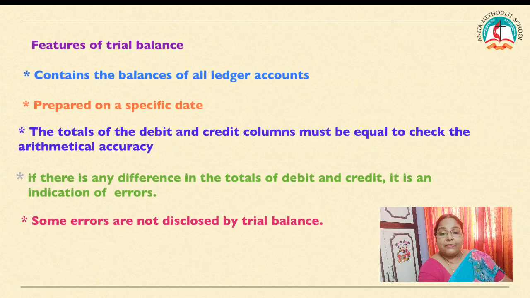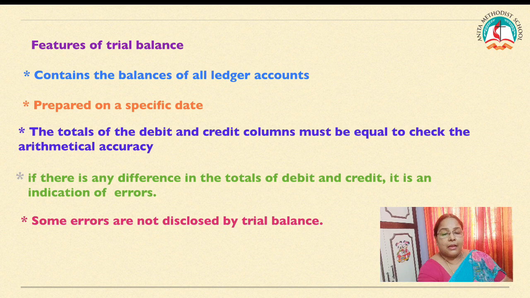The totals of the debit and the credit columns must be equal to check the arithmetical accuracy. If there is any difference in the totals of debit and credit, it is an indication of error. If the debit column and the credit column do not tally, then it is saying there is an error in preparing the accounts.